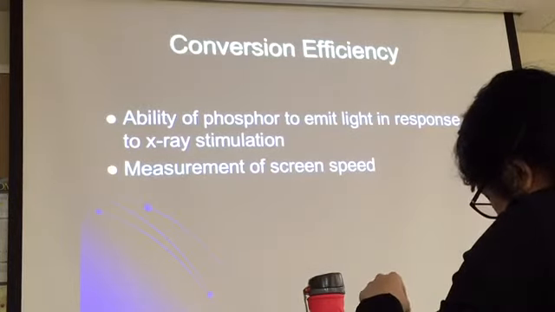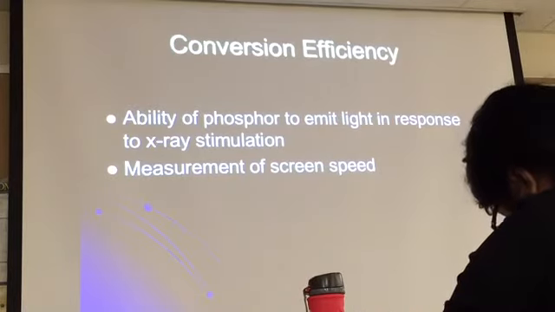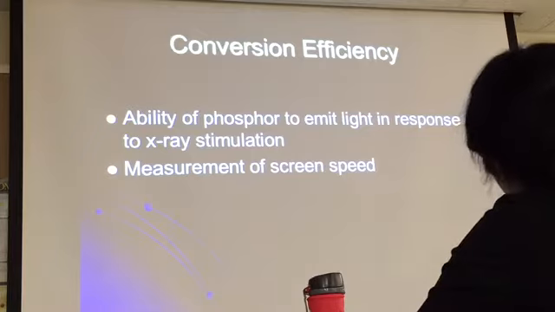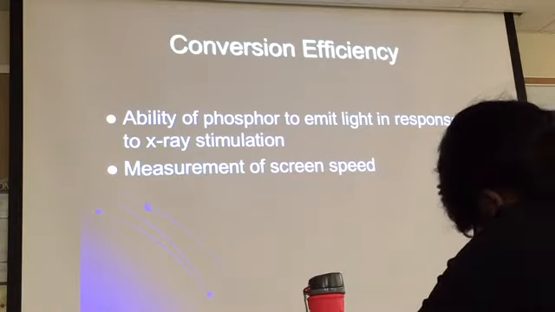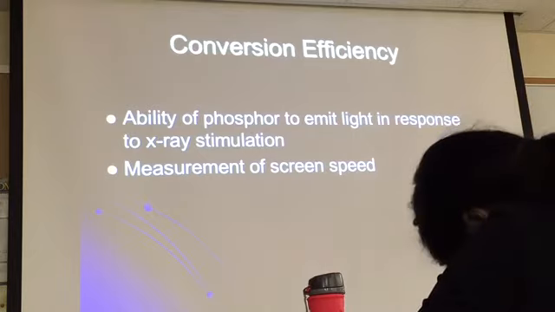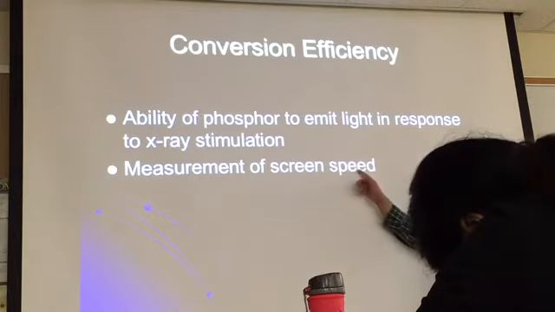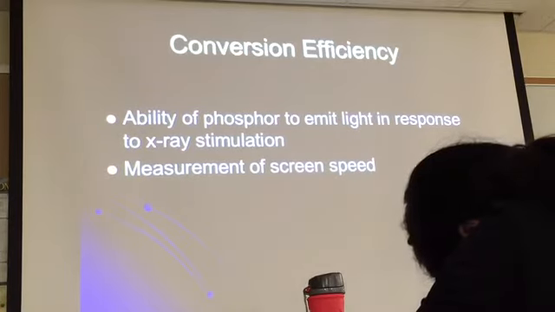All right, when you do screens, you provide a measurement of how well they are able to convert the amount of energy they absorb into visible light, which is called screen speed. Let me repeat that. The ability of the phosphor to absorb the X-ray and turn it into light is called the screen speed.